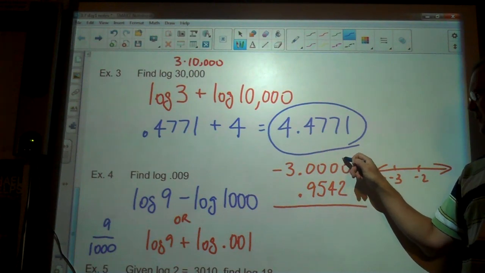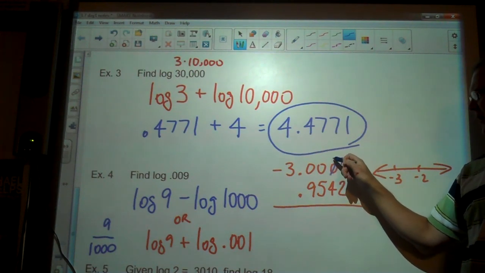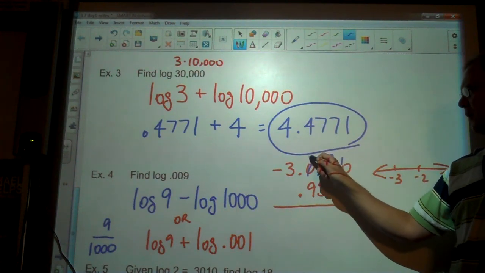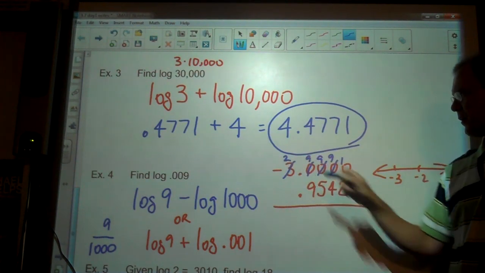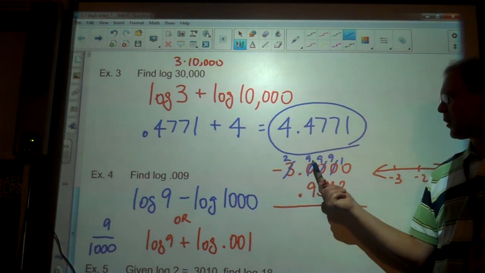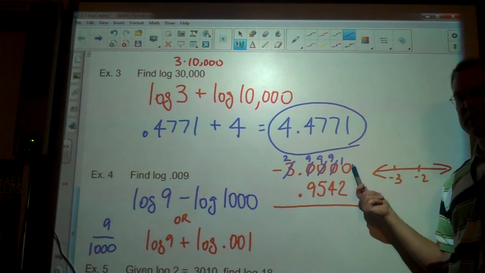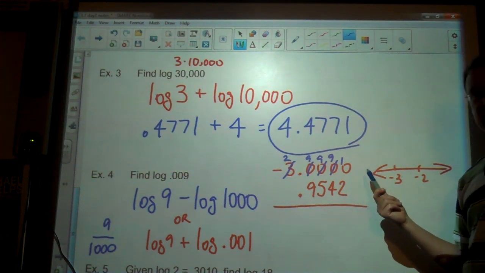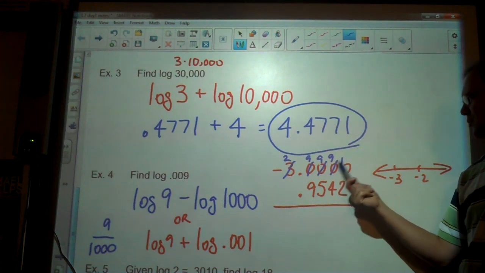So if I make that a 10, I'm borrowing 1, that makes that a 9, I'm borrowing there, and there. So 3 is the same as 2.99910. Okay, I'm taking one of those.